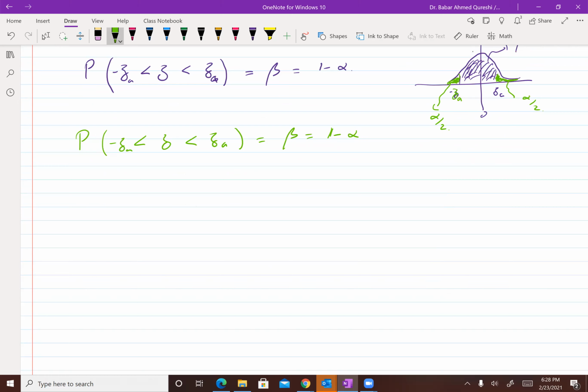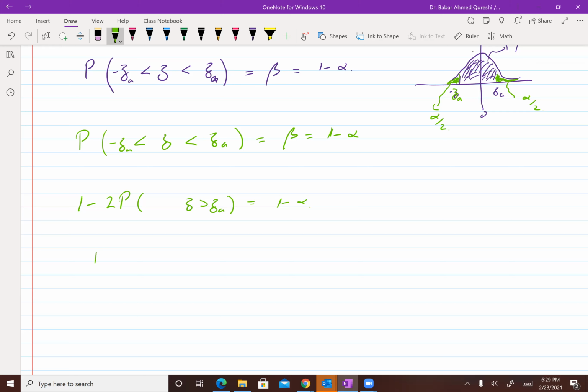And this would be the same as 1 minus the probability of Z being greater than Z alpha, times 2. So this is 1 minus alpha.